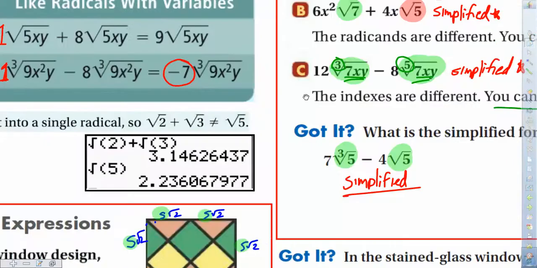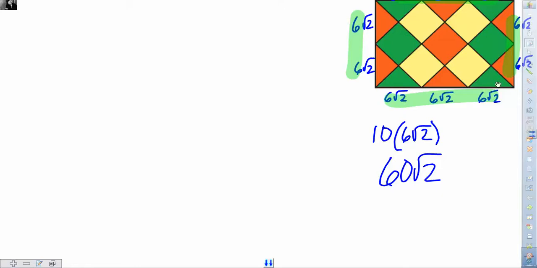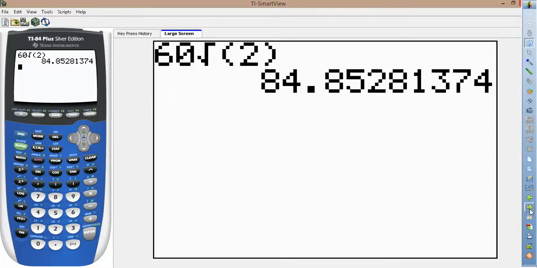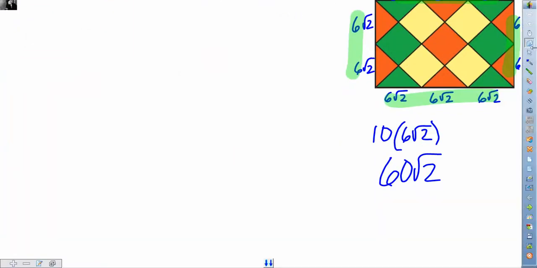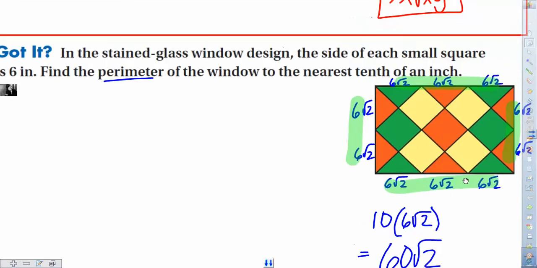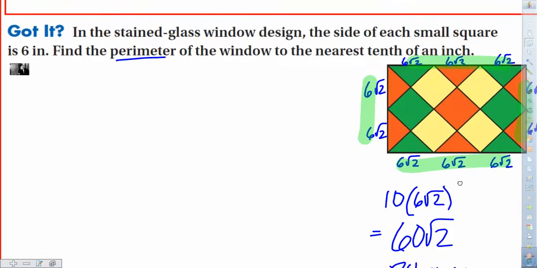That 5 we'll give a shove, okay? So the answer here would be 84.9 inches. Remember, it's dealing with perimeter, so no squares or anything like that.